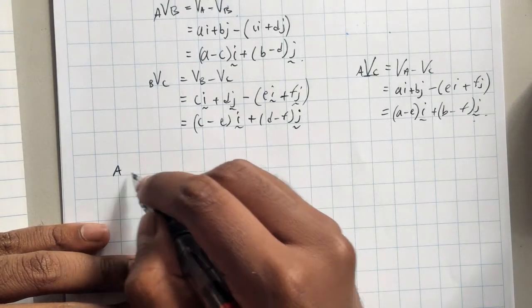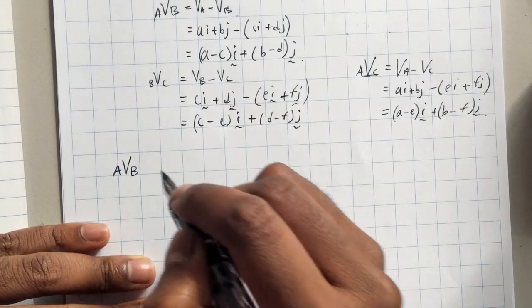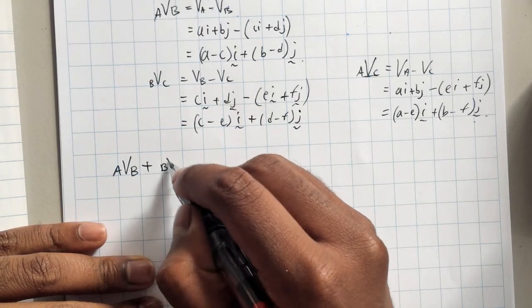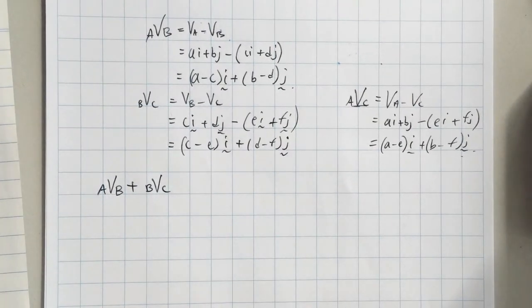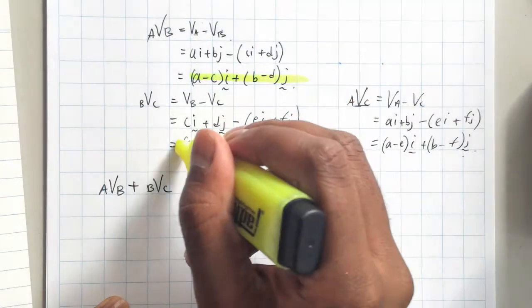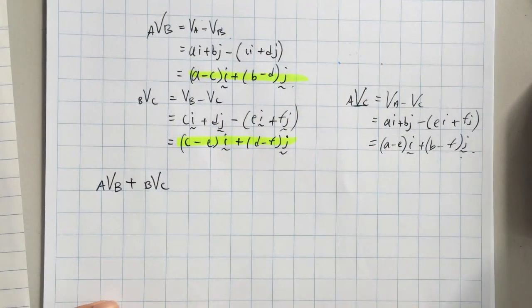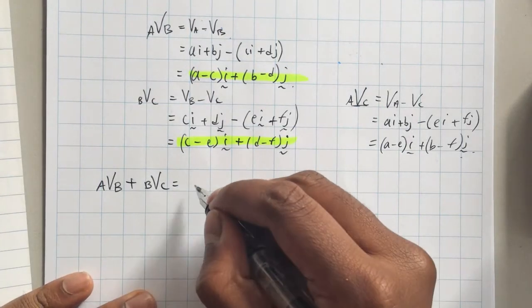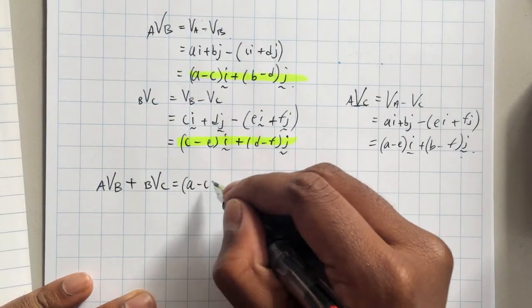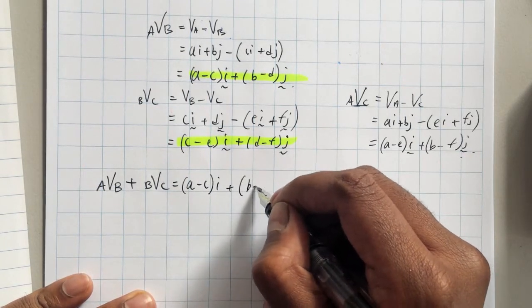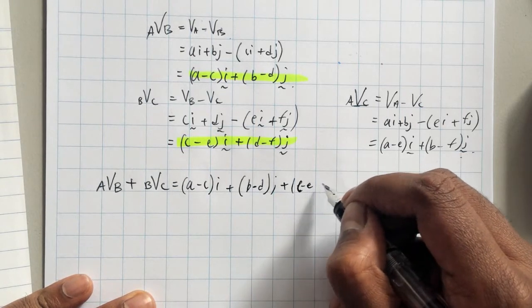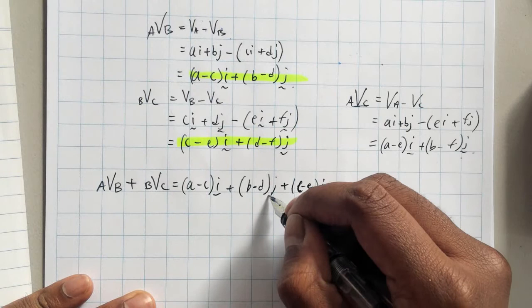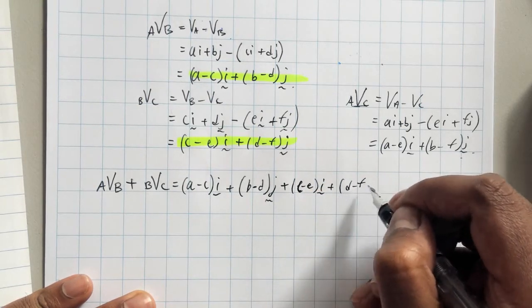So we're going to do the velocity of A relative to B plus the velocity of B relative to C. I'm going to highlight in orange or yellow so you can see what I'm adding. I'm going to add this guy over here to this guy. So I've got ACI plus BDJ plus C take EI plus D take FJ.